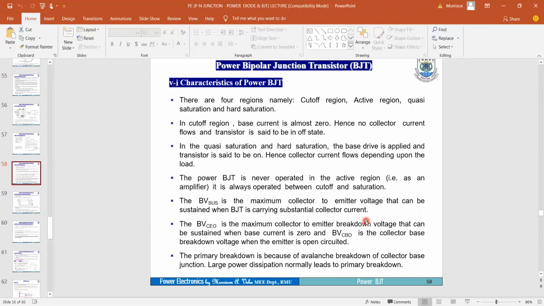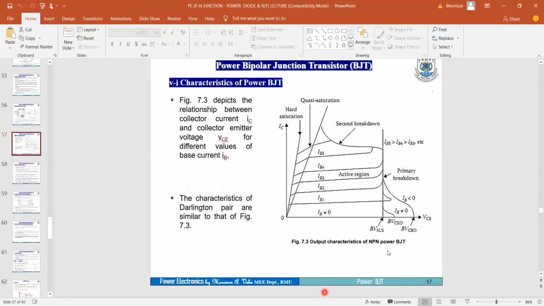It is actually a voltage. So that's why we have BV sustain, okay. So we are helping to sustain a certain amount of collector current with regard to collector to emitter voltage. Okay, so that is what it is.